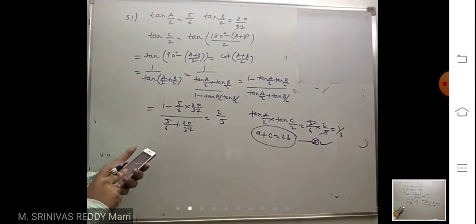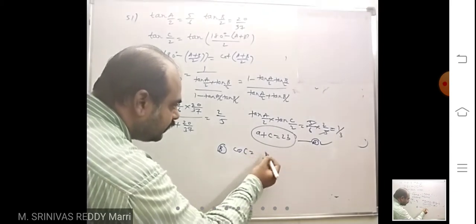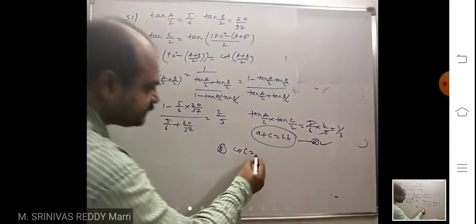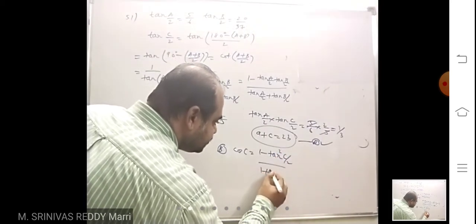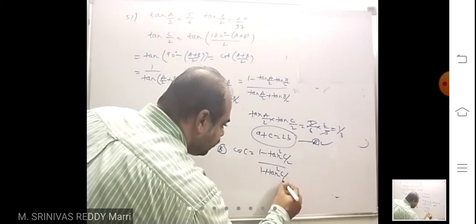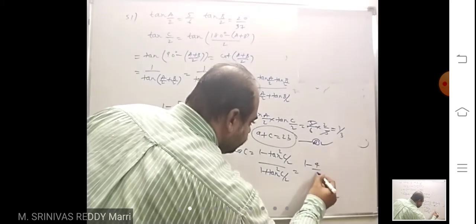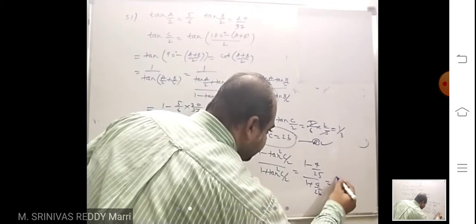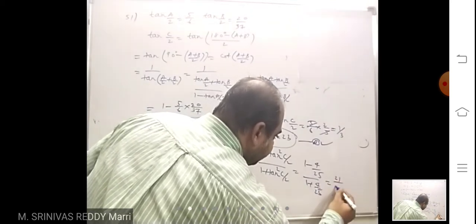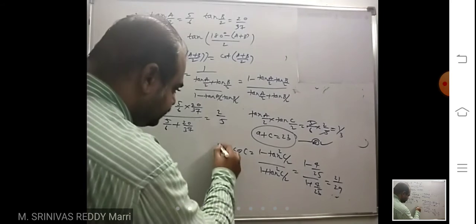Then the second option, B, asks for cos C. Cos C, in the half angle formula, is nothing but 1 minus tan square C by 2 divided by 1 plus tan square C by 2. Now tan C by 2 is 2 by 5, so 1 minus 4 by 25 divided by 1 plus 4 by 25, which is 21 divided by 29. So B is also correct.